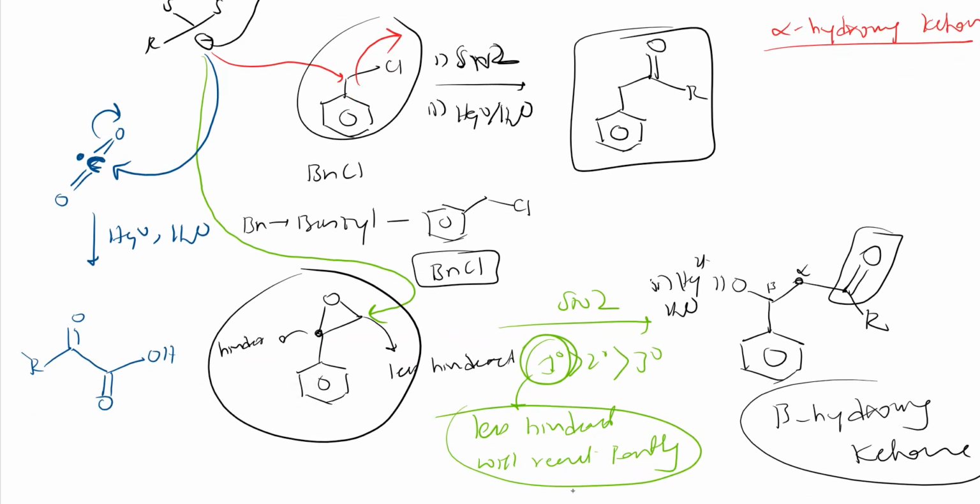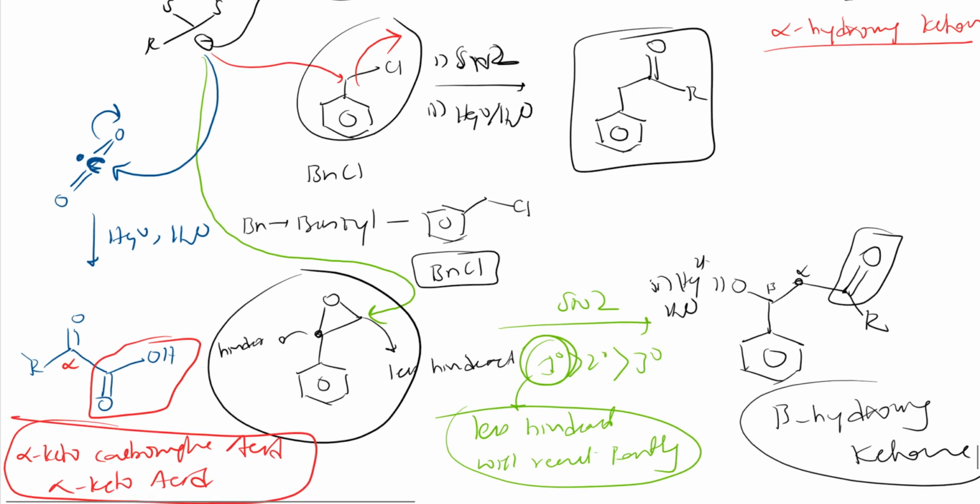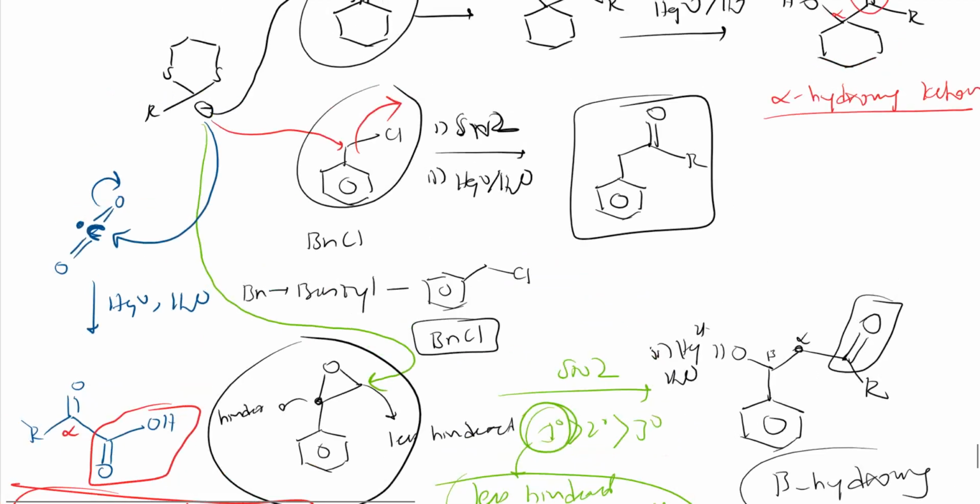This is the carboxylic acid functional group, and to this is alpha. So I can call it alpha keto carboxylic acid, or simply alpha keto acid they are called, right? So this is how we synthesize different things using this same 1,3-dithiane, right?